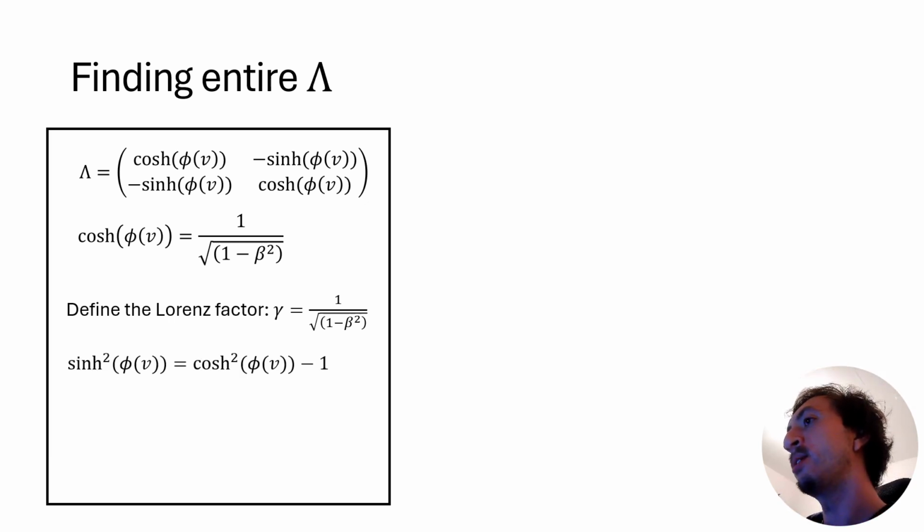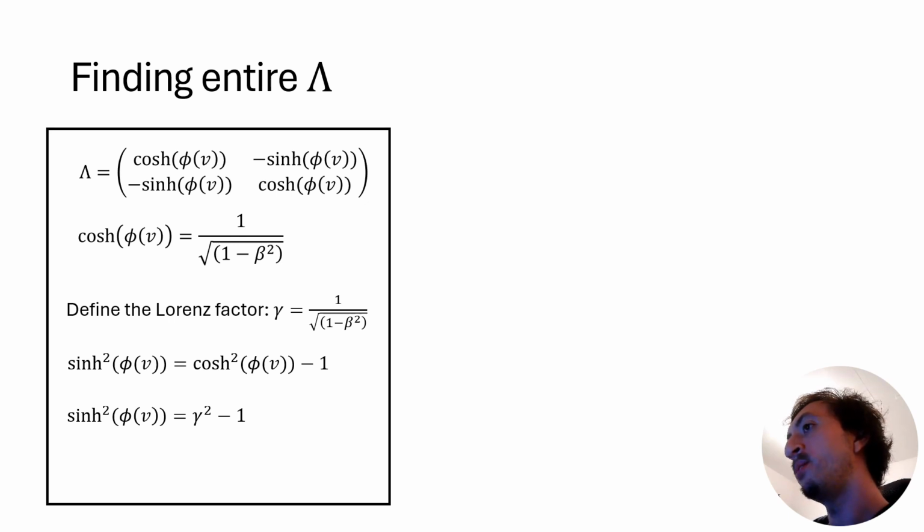But using the hyperbolic identity we looked at before between sine squared and cosine squared, this bottom equation is true for all inputs phi. And we've got an expression for cosine squared in terms of gamma.